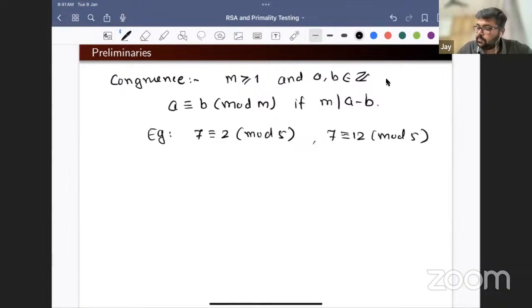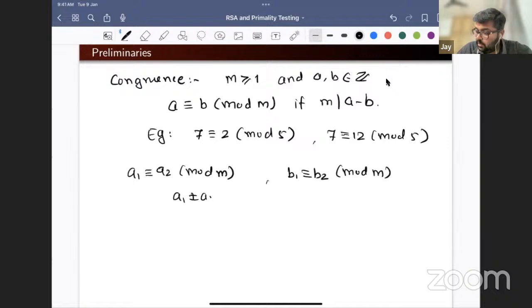Now there are many properties of congruences. Like we have a1 is congruent to a2 mod m, and we have b1 is congruent to b2 mod m. And we can add or subtract these two congruences: a1 plus or minus b1 is congruent to a2 plus or minus b2 mod m, just using the definition of congruence, the division property. But one interesting property is this.